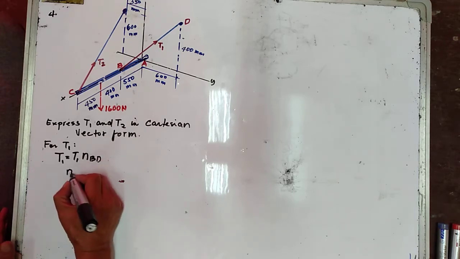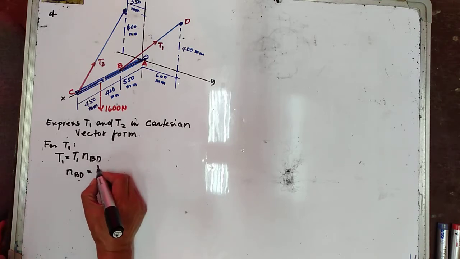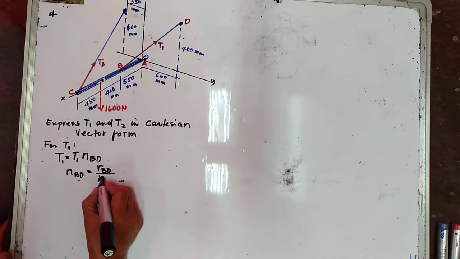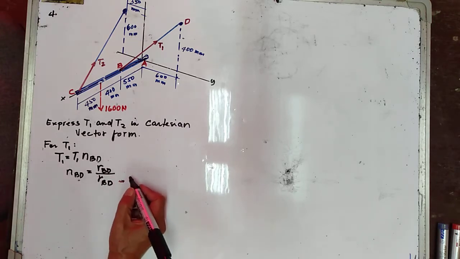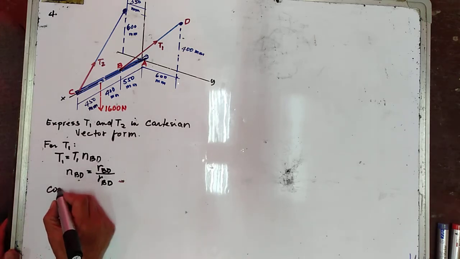Again, the unit vector BD is equal to the vector distance BD over the magnitude of this vector distance BD.